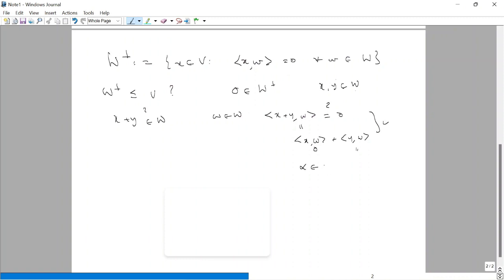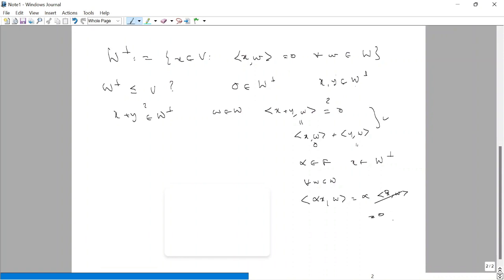And similarly for scalars. If alpha is a scalar and X is in W perp, then for any W in W, let us look at the inner product of alpha X with W, that is alpha times the inner product of X with W. This is 0, therefore this is 0.